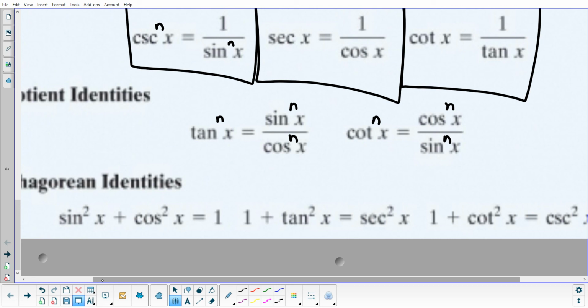Most of the time, if you have to use an identity that's not one of these, like in a calculus class or in engineering, you just look up the identity. There's charts of these things online, pages and pages of them. You just reference whatever one you need. Identities aren't something you try to memorize every single one of, because there's just too many. Memorize the basic ones, and that's about it.